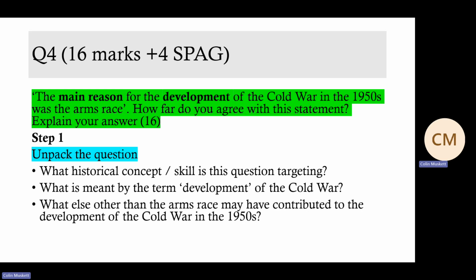Because if you bring something into the essay, you spend a whole paragraph discussing how this event escalated tensions, but it doesn't sit within the time frame, you won't lose marks. You won't gain any either. And you'd have wasted 5 minutes at least of your time. So that's where a sound understanding of chronology is really important. You must make sure whatever you submit fits within the time period given.